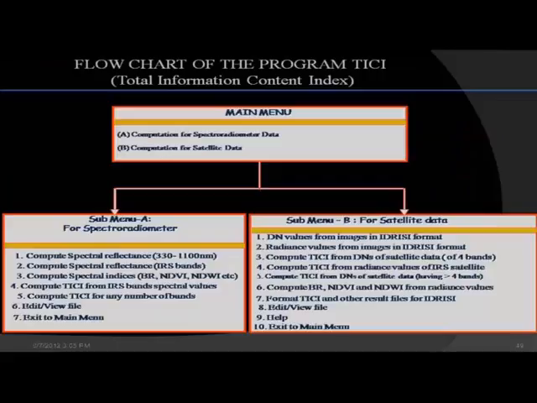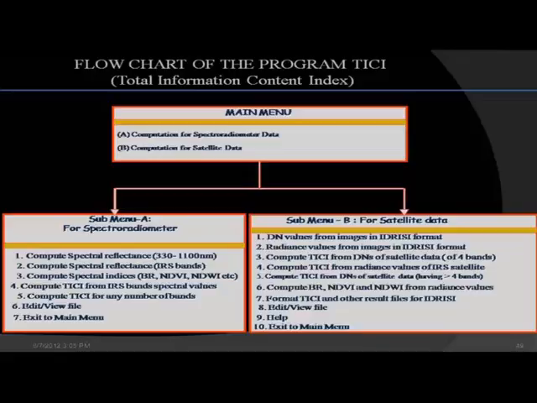And the same program was developed for both spectrometer and satellite data in the Idrisi format, using the spectrometer, like a PC 1800, which covered only 330 to 1100. Of course, we have upgraded this software up to 2500 right now.